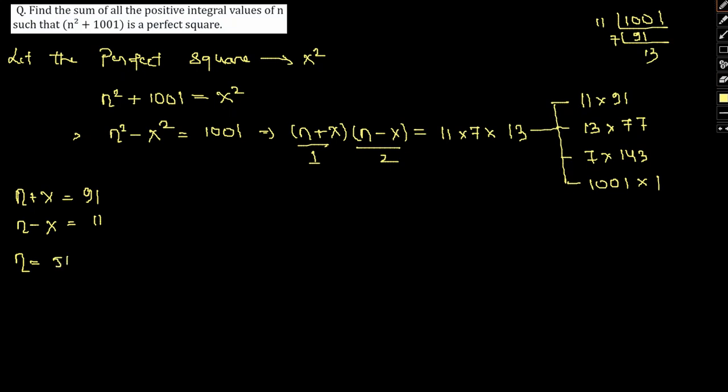hang on guys, I think I might have made a small mistake in this regard. In this part x has to be greater than n, because n square plus 1001 is equal to x square. So this term is essentially wrong. I should actually write this as x square minus n square.